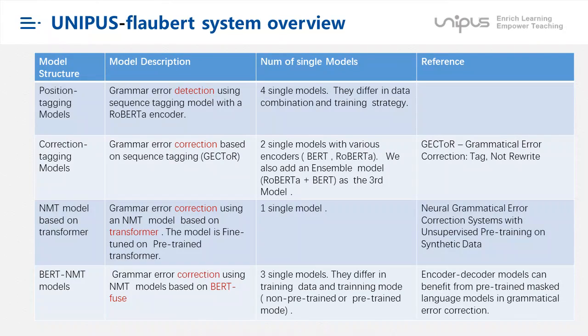In the third and fourth rows, we use NMT models, transformer and BERT-fuse respectively. We add synthetic data to train our NMT models. It should be noted that for the convenience of description, NMT models based on pure transformer were regarded as one of the BERT NMT models in our CGED tech report.